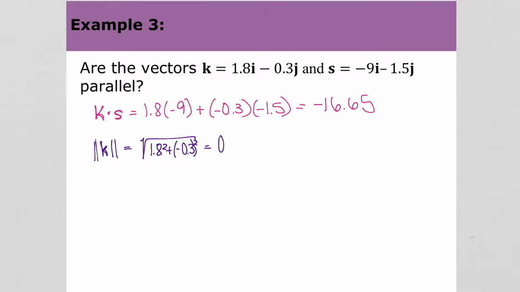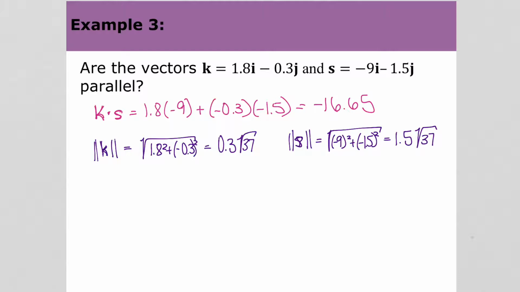And that is 0.3 times the square root of 37. Then we find the magnitude of S. That's the square root of negative 9 squared plus negative 1.5 squared, and that is 1.5 times the square root of 37.